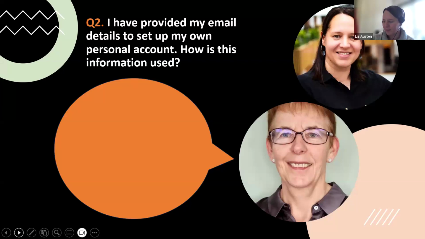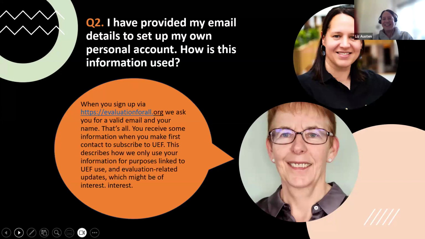Next question. Yeah, unfortunately, this is me. So if you provided your email, how's the information used? And I think this is important to know. So if you'd like to click the answer list for us. Oh, yeah, be helpful. So as you can see there's a sign up for evaluationforall.org. And all we do is we ask you for a valid email and your name.